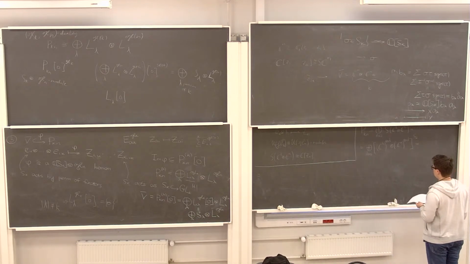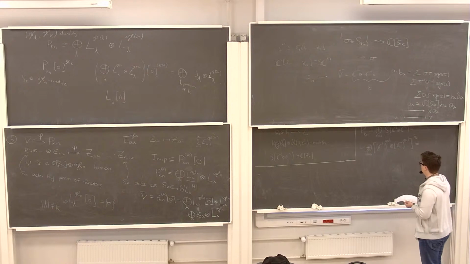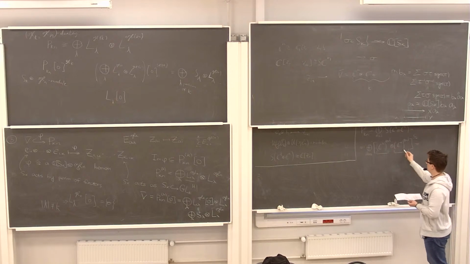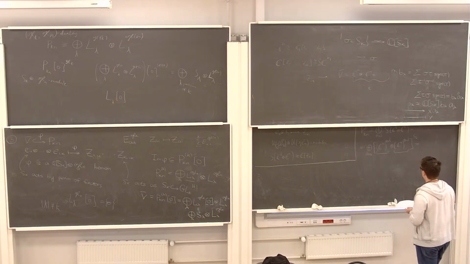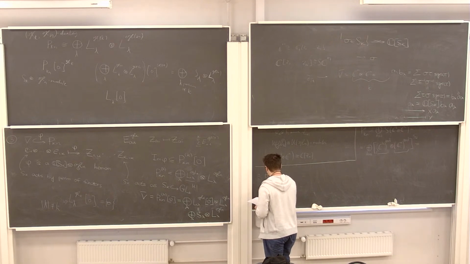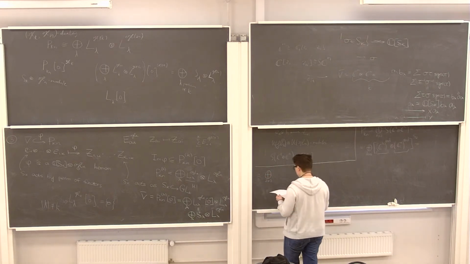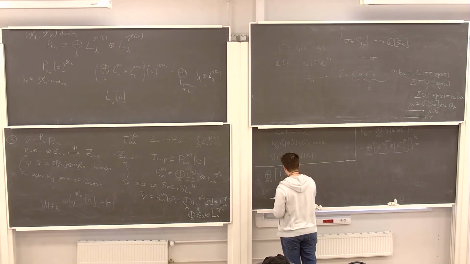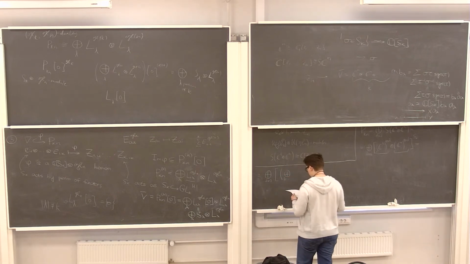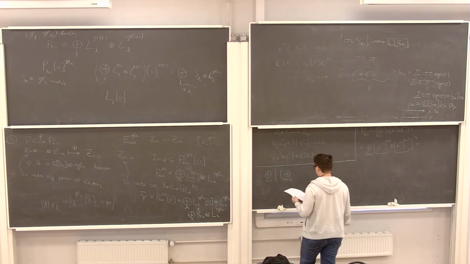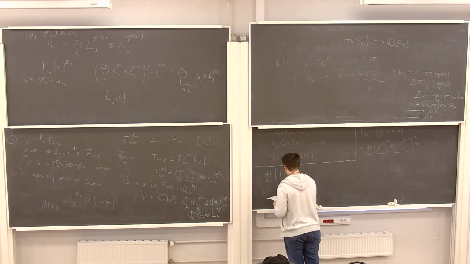Next, we use Schur-Weil duality for this module and this module. This is a GL_k module. This is a GL_n module. So it's a direct sum over all d at least 0. Apply Schur-Weil duality. Sum over all lambdas such that it's a partition of d with no more than k rows.